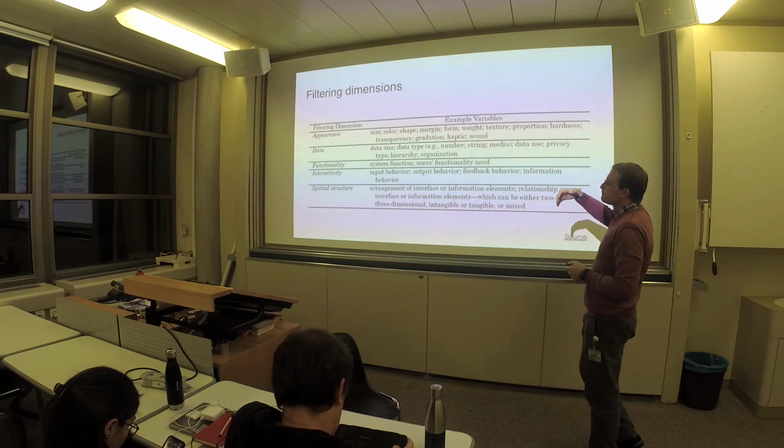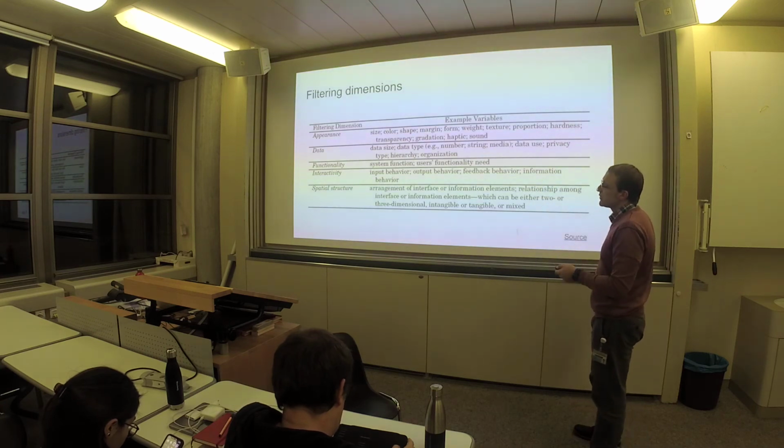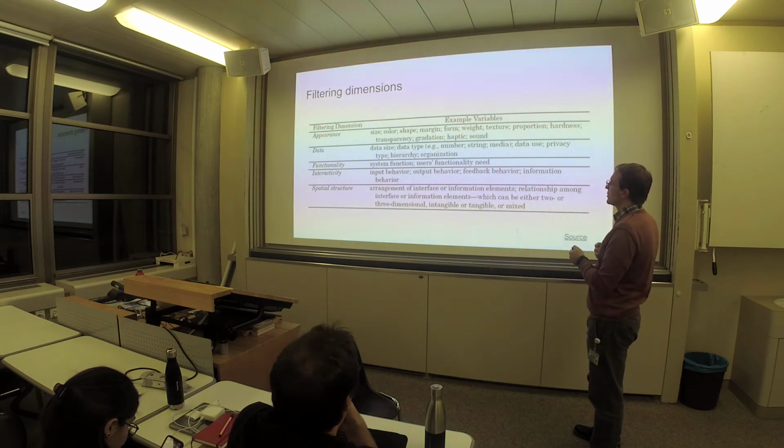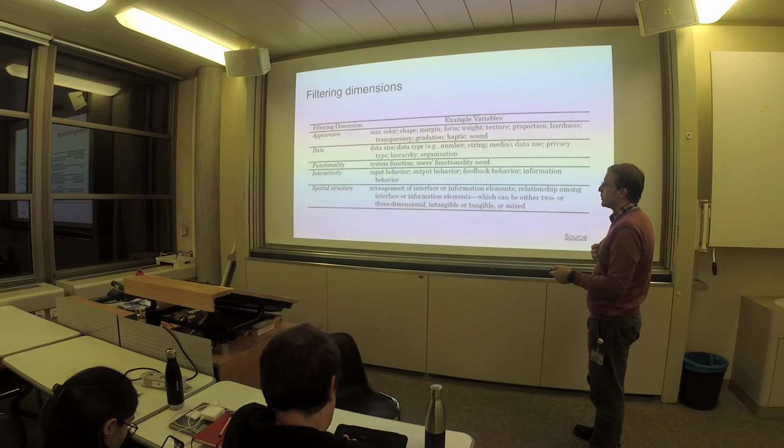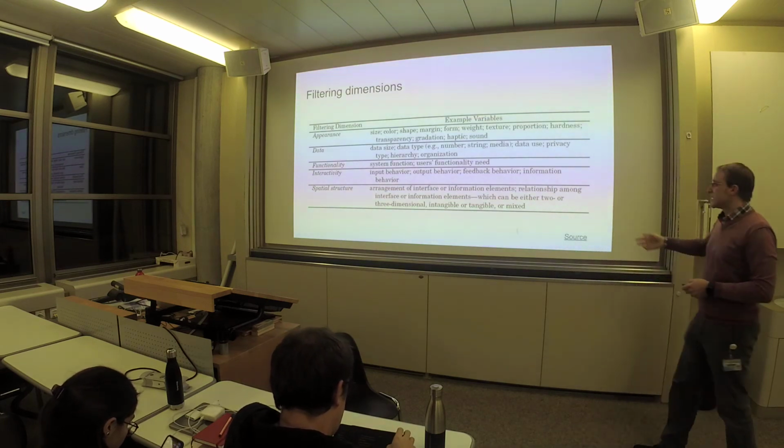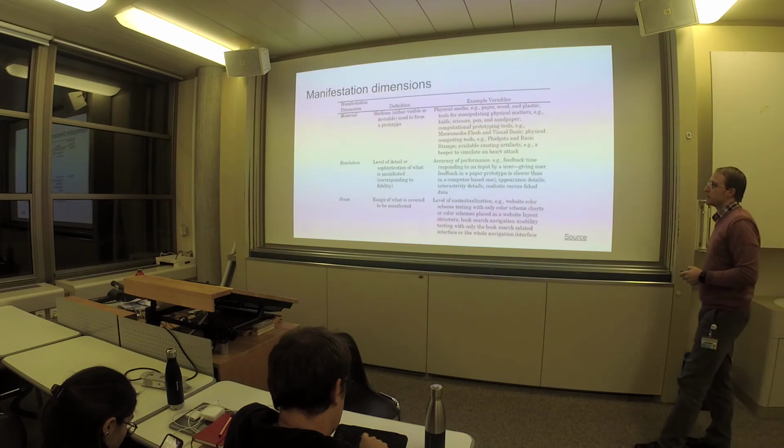And here you see different dimensions that you can use to filter the design in order to produce a prototype. For instance, you can filter by appearance, and then you have certain qualities. You can filter by data, functionalities, and so forth, right? So this again comes from the same research paper.